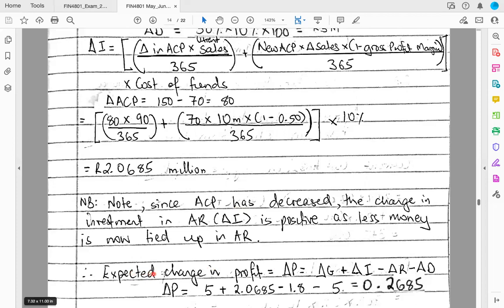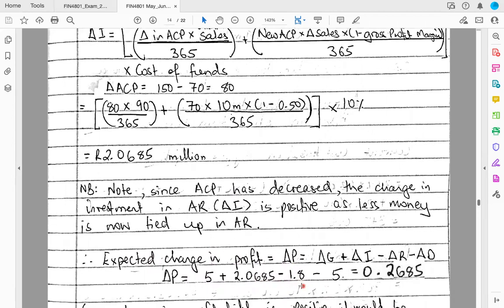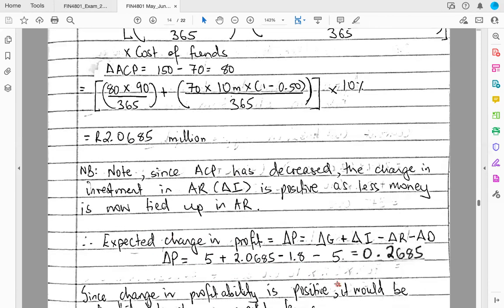So then we can now calculate our expected change in net profit, which is the change in gross profit as a positive because gross profit has gone up, which is good, plus the change in investment of trade receivables as a positive because our average collection period has gone down, which is good, minus the change in bad debts, which we put as a negative because our bad debts has gone up, which is bad, minus the change in discount, which we put as a negative because an increase in discount is bad.